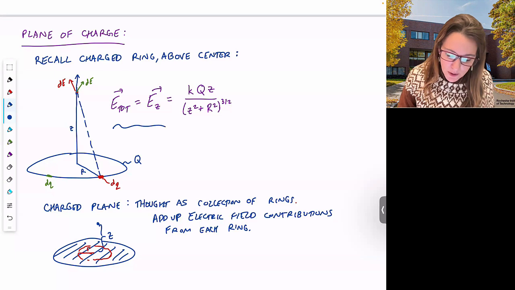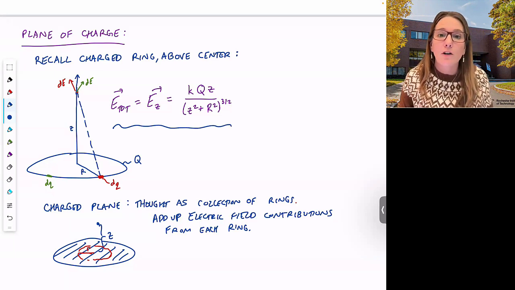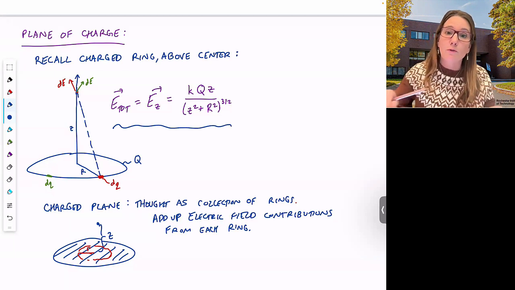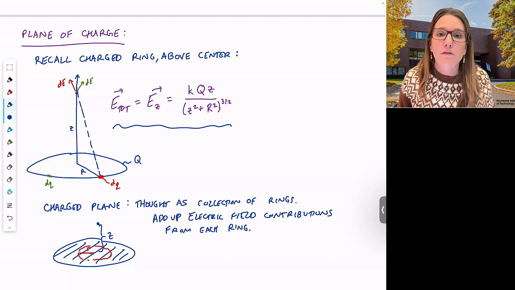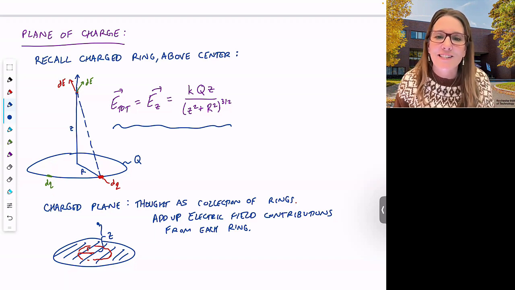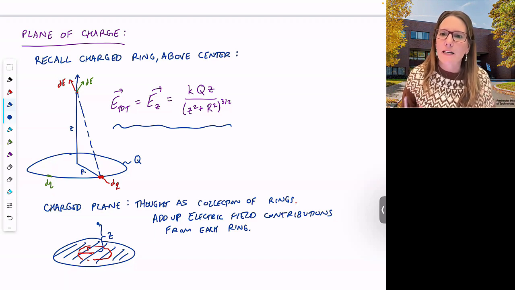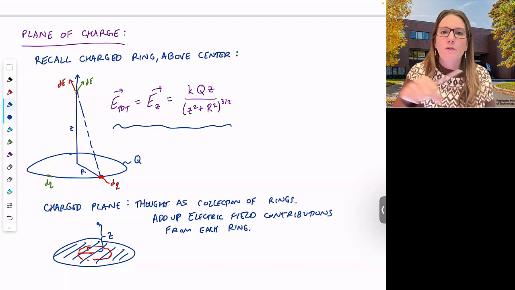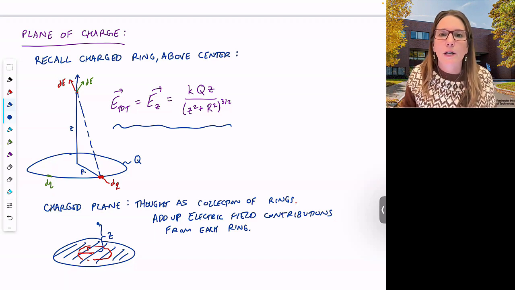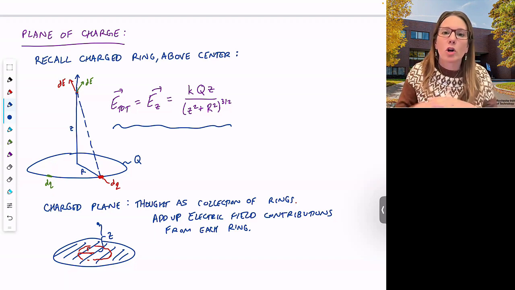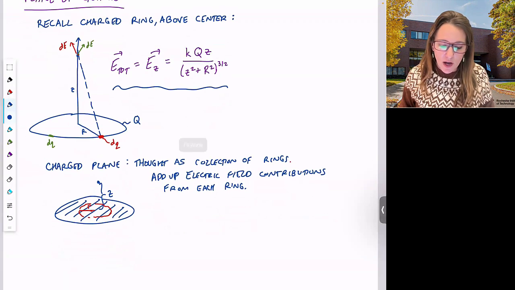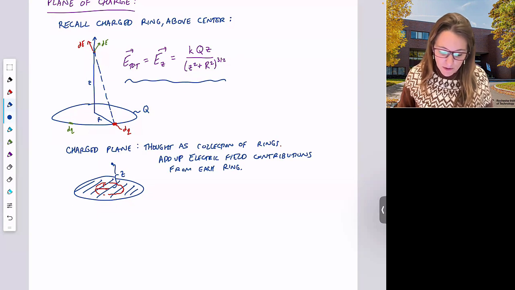So the result that we had derived prior for the total electric field from some total charged ring of charge Q, we have to modify it slightly now because we're not going to have a finite amount of charge Q on this one infinitesimally small ring. Instead, we're going to be starting to talk about some surface charge density here. So let's adjust that ring so that it works for us.